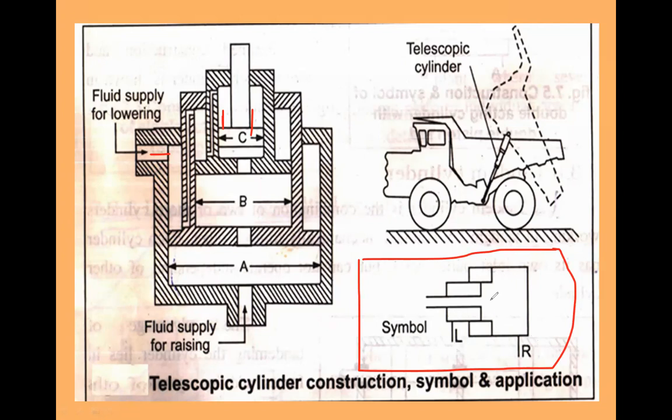Inside this big cylinder another cylinder is there. This is one, this is two, then this is three. This is the standard symbol of the telescopic cylinder.